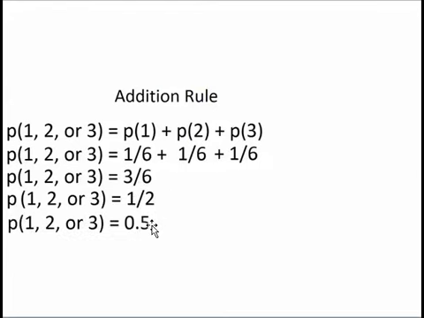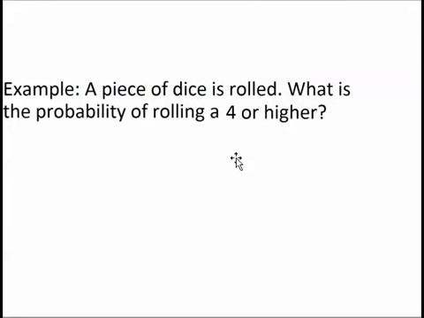Here's an example that says when you roll a die, what's the probability of rolling a 4 or higher? Rolling a 4 or higher means what's the probability of rolling a 4, a 5, or a 6? Because those are the 3 numbers that are considered 4 or higher. I could have written this out as what's the probability of rolling a 4, 5, or a 6? It would mean the same thing.